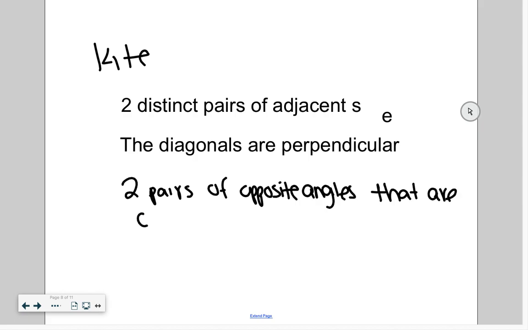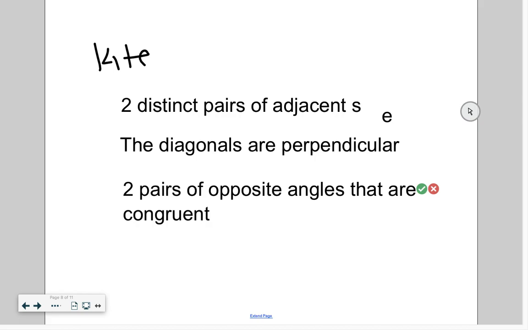I'm going to show you what this looks like on an actual kite in just a second. Make sure you get these down though. A kite has two distinct pairs of adjacent sides, the diagonals are perpendicular, and it has two pairs of opposite angles that are congruent.